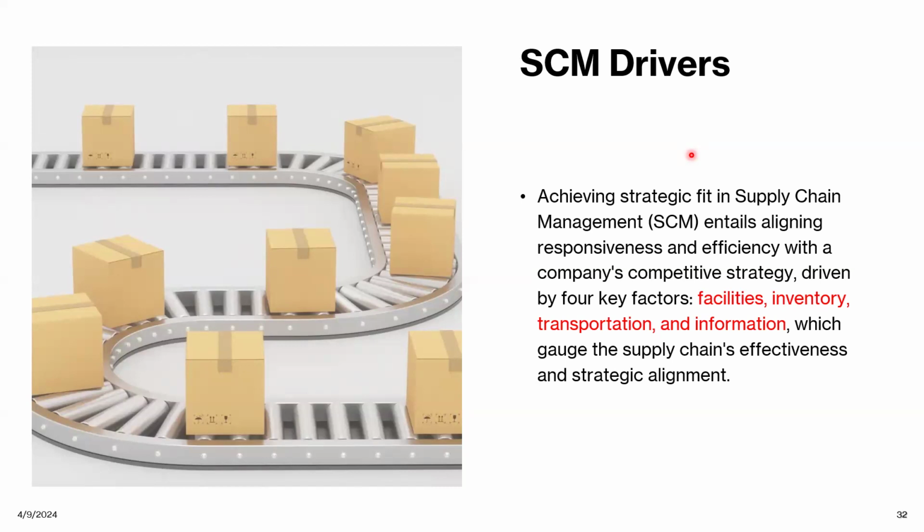So this is what I highlighted in the previous lecture, right? So aligning responsiveness, which is very important for a SCM to be very responsive and also to be efficient in terms of streamlining the business operations in the SCM, right?